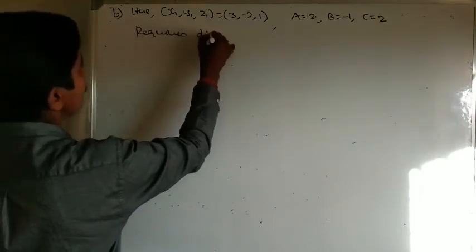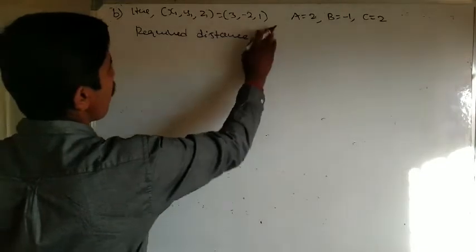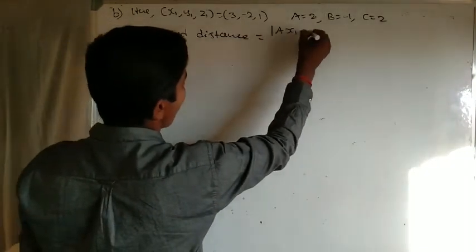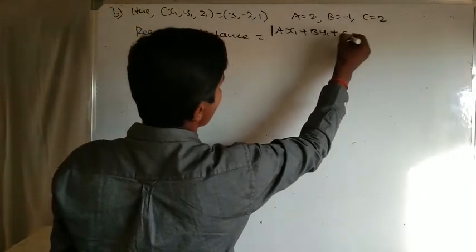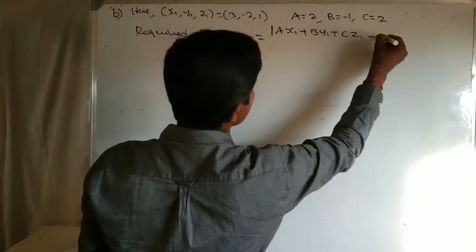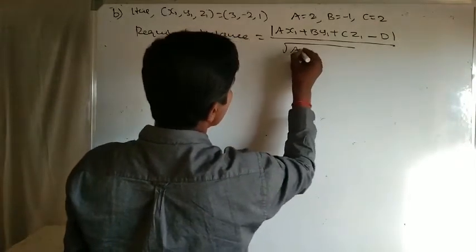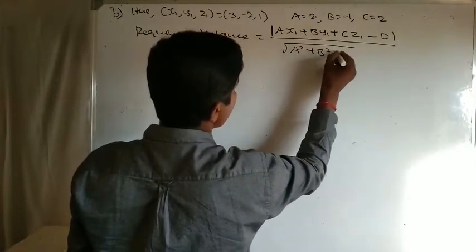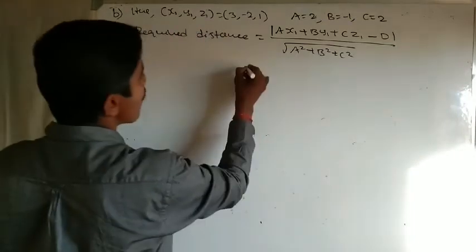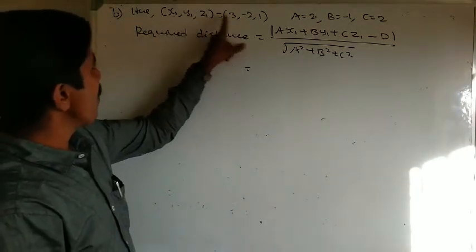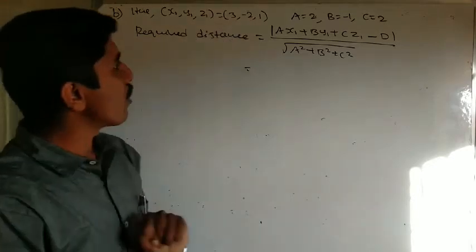Required distance of a point from a plane is equal to modulus of ax1 plus by1 plus cz1 minus d, divided by square root of a square plus b square plus c square. Substitute the values: x1 is equal to 3, y1 is equal to minus 2, z1 is equal to 1.